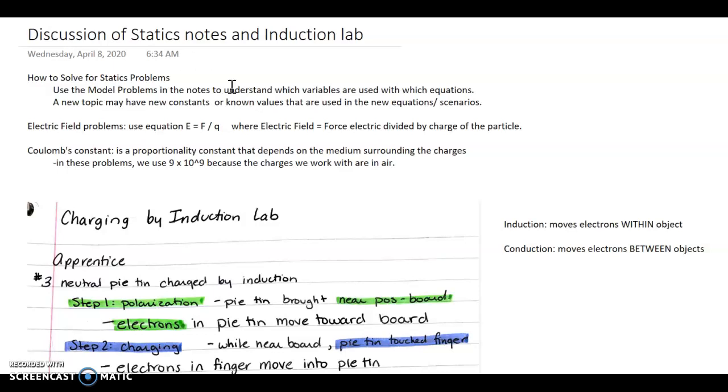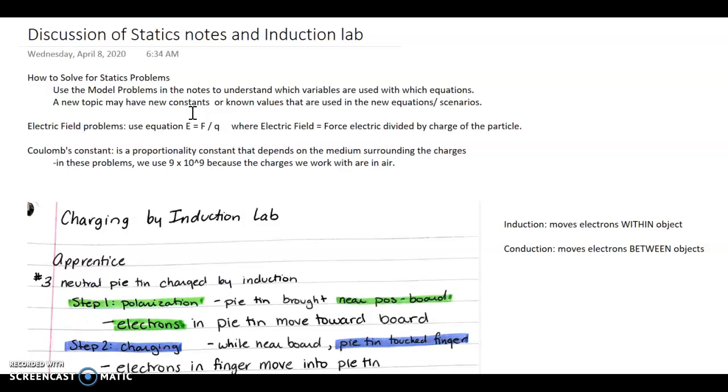Some questions that were brought up on the surveys: how to solve statics problems. Just like most of the other problems here in physics, for these statics problems we use model problems from our notes to understand which variables are used with which equations. That's the most important thing that you can figure out here in physics, is when to use which equation.